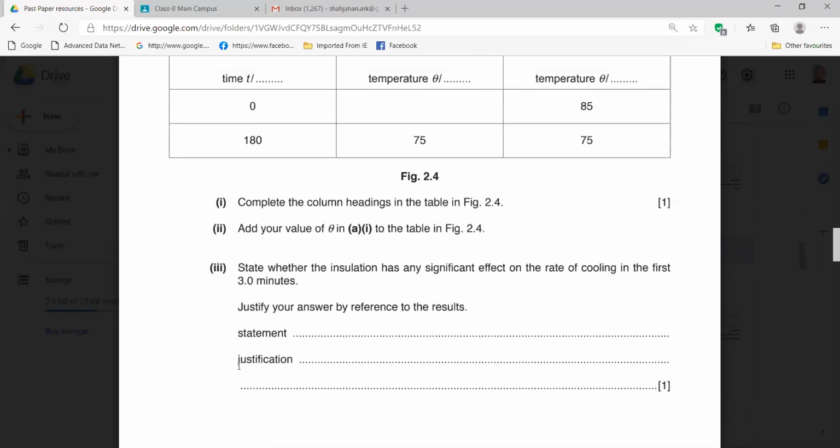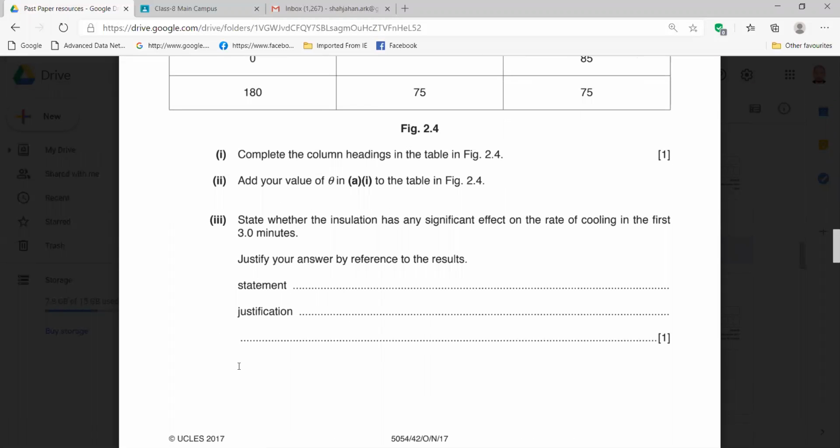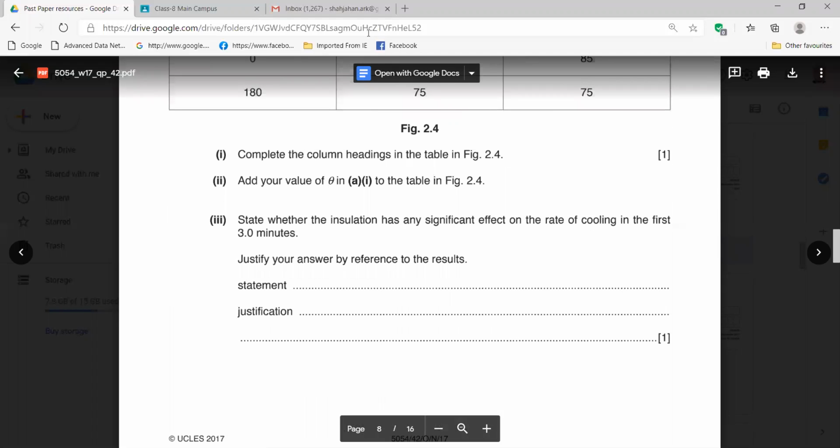Then part 3. Continue. State whether the insulation has any significant effect on the rate of cooling in the first 3 minutes.